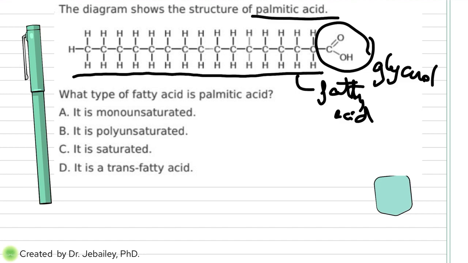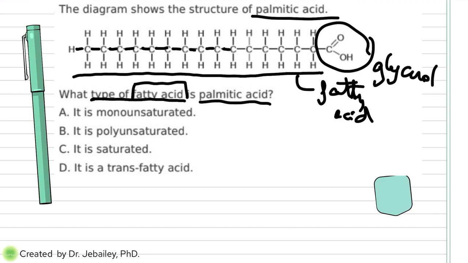Now, the question is saying what type of fatty acid is the palmitic acid? When we talk about type of fatty acids, it is asking, is it monounsaturated, polyunsaturated, any of this? So when it does this, the first thing that you will look at are the bonds. See if all the bonds here are single.